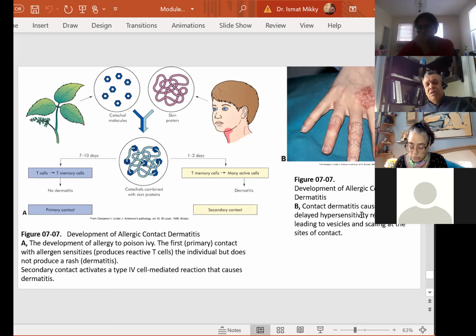Type 4 is cell mediated. It doesn't include any immunoglobulins or antibodies. So there is no antibody production, and it is cell mediated or delayed reaction, type 4. The tissue damage will occur when the T cells attack the antigen or the T helper 1 cells release the chemical mediators, or what are called cytokines.